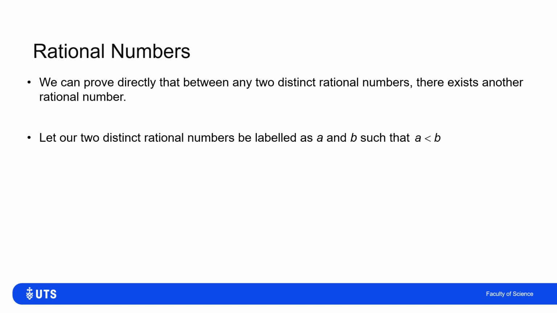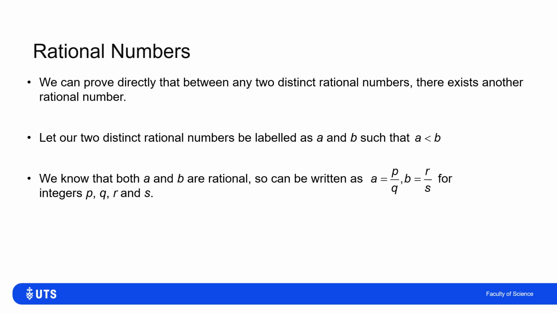So I'm going to assume that I've got two different rational numbers a and b, such that a is less than b. They're both rational, so I'll call a p over q and b r over s, where p, q, r and s are all integers.